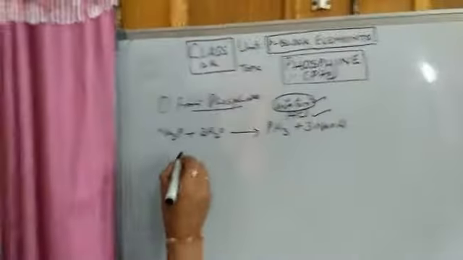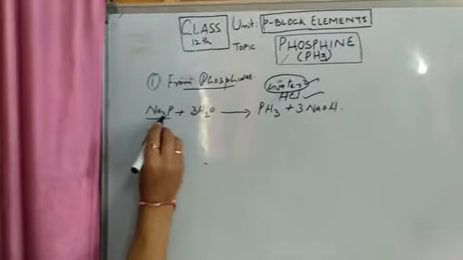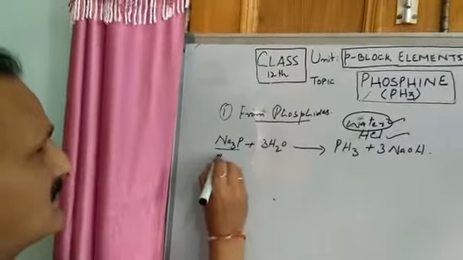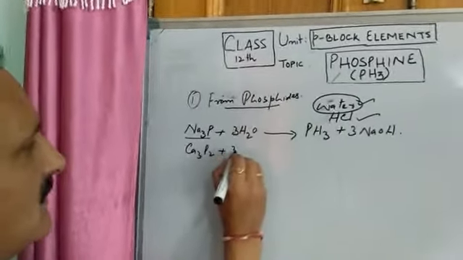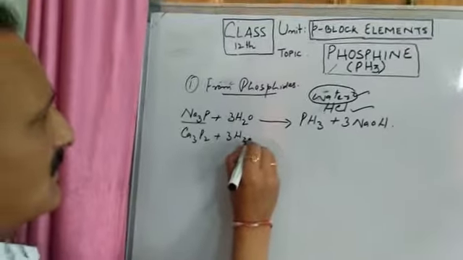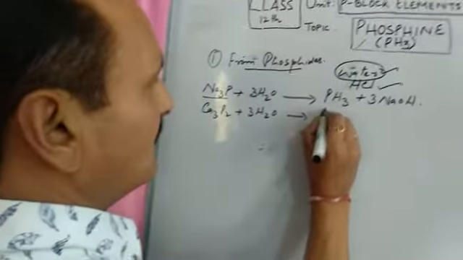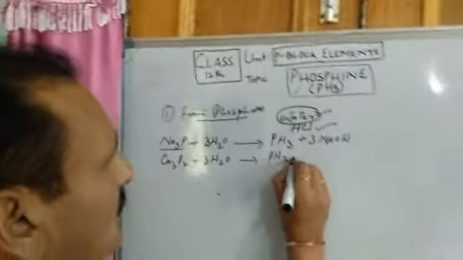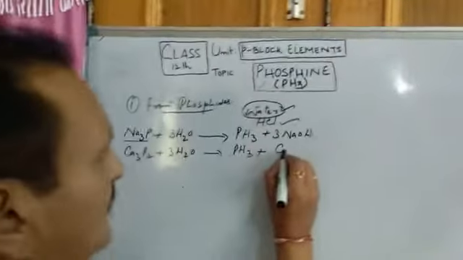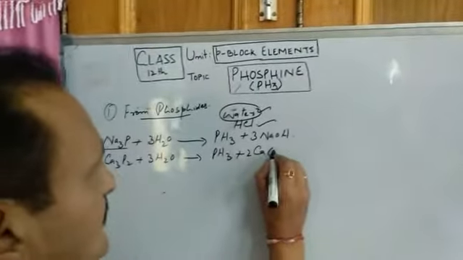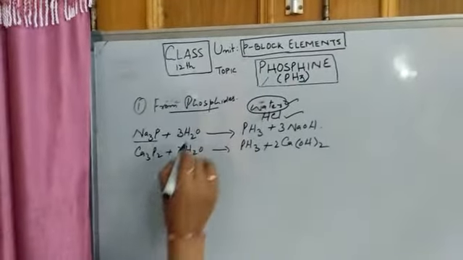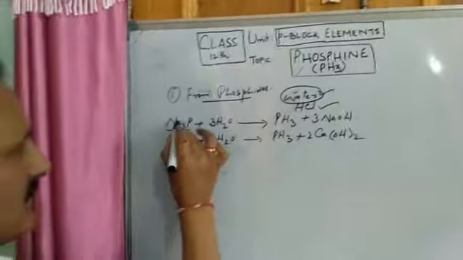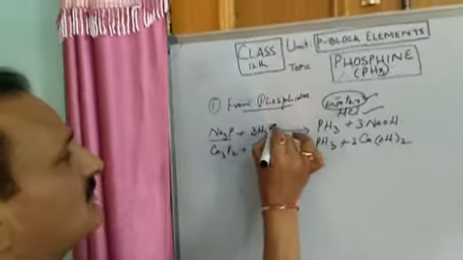Now we can take calcium phosphide in place of sodium phosphide. Reaction with water again gives phosphine along with calcium hydroxide. We shall have calcium hydroxide this time because we have calcium phosphide in the reactants. So this was the reaction of metal phosphides with water.